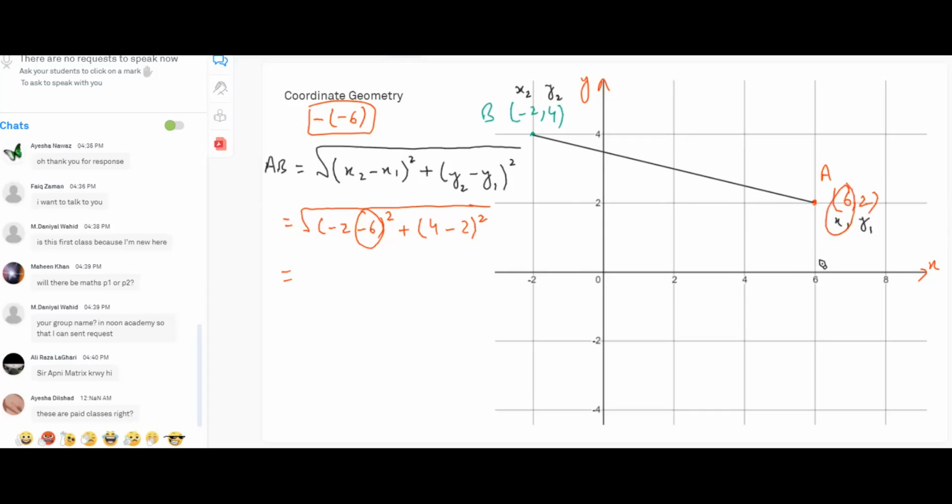So you have to be very careful about the signs there. ठीक है? अच्छा, so what do we do here? We just evaluate this. We have -8 का whole square plus 2 का square. ठीक है? Now we just evaluate this.